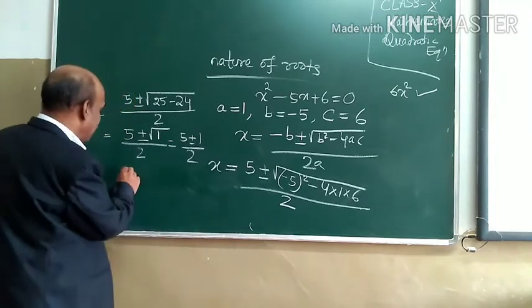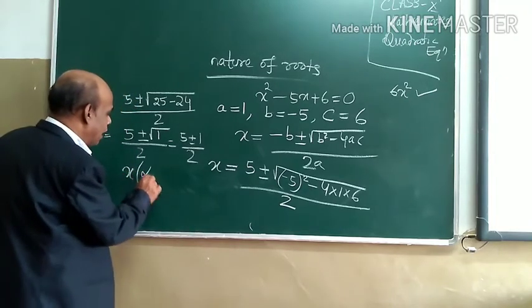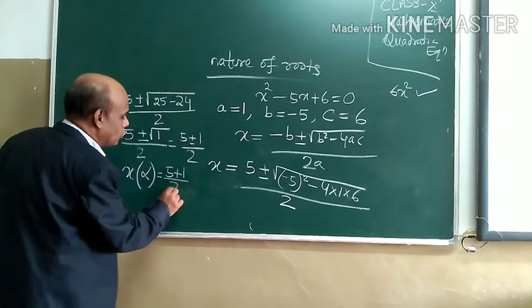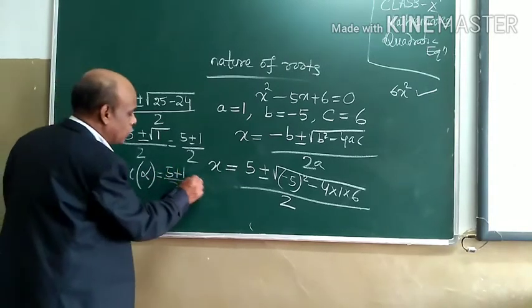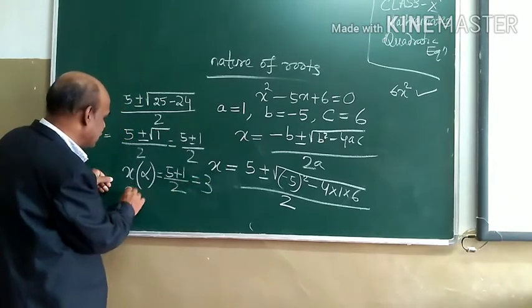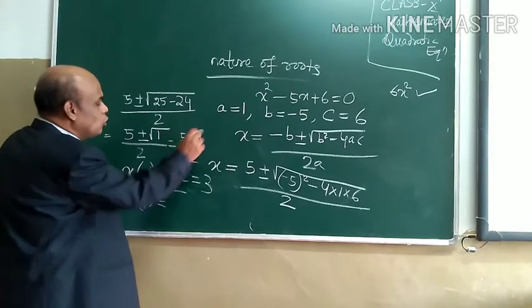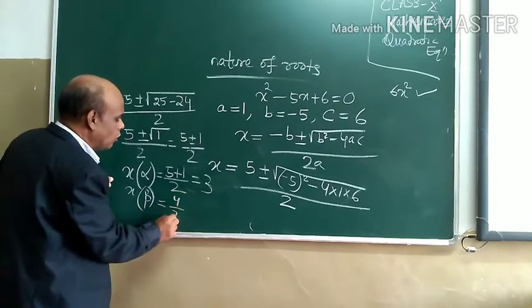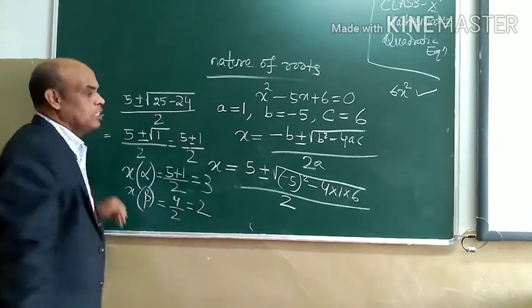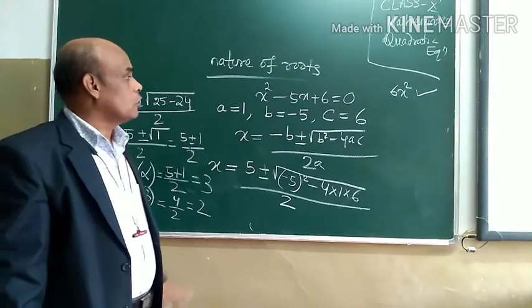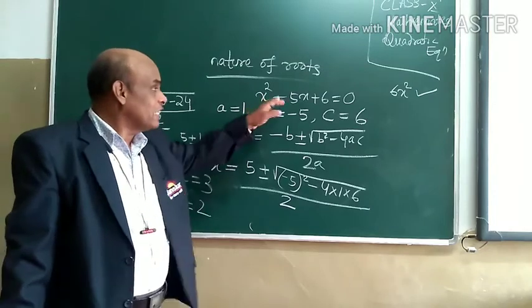One value is alpha: x = α = (5 + 1)/2 = 6/2 = 3, and x = β = (5 − 1)/2 = 4/2 = 2. In this way we found the solution of the quadratic equation.